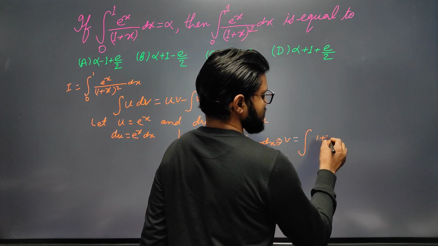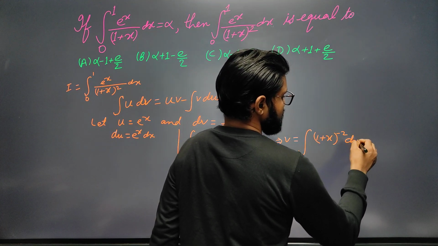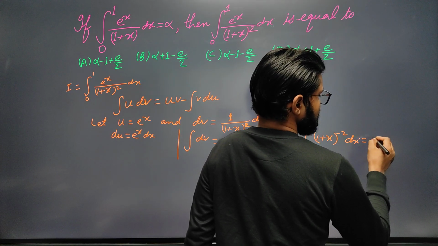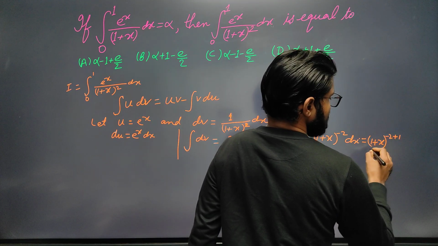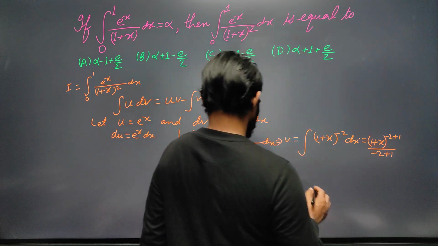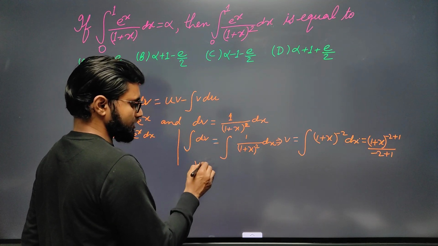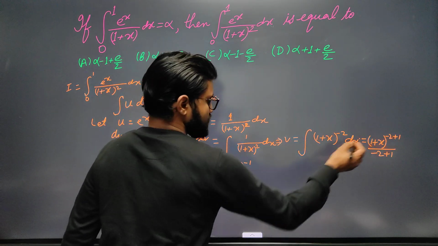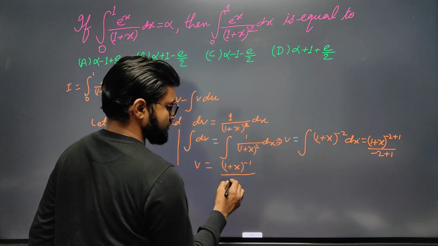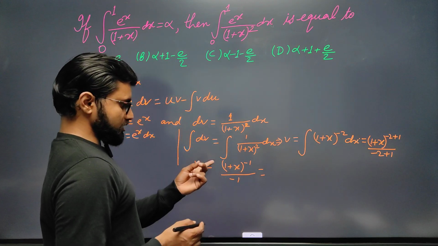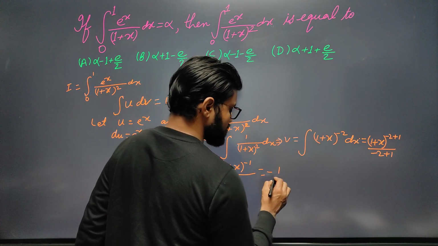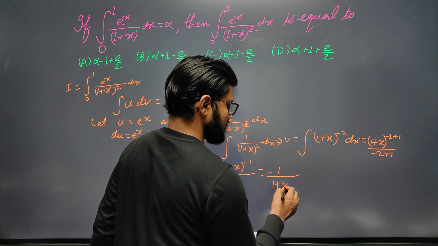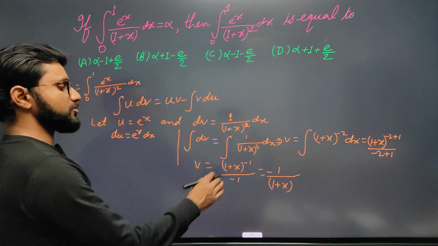Now integrate it, so it becomes (1 plus x) to the power minus 2 plus 1 upon minus 2 plus 1. So v equals minus 1 upon 1 plus x.